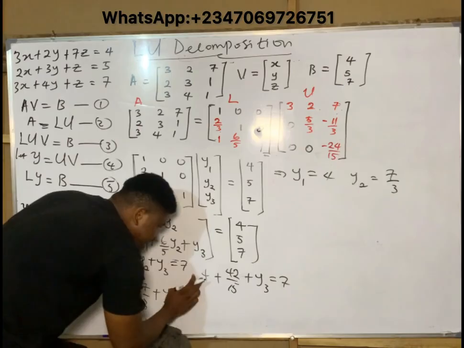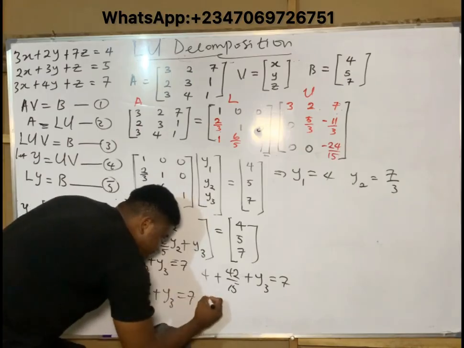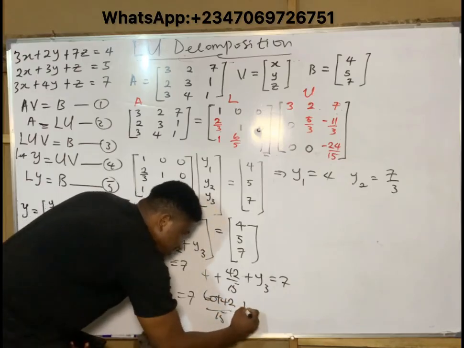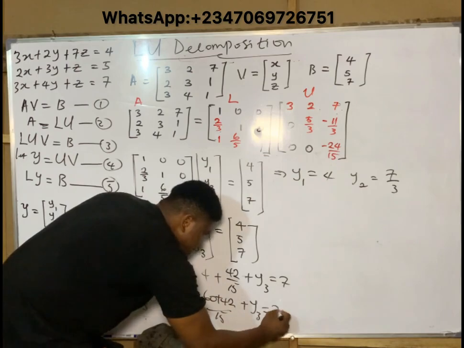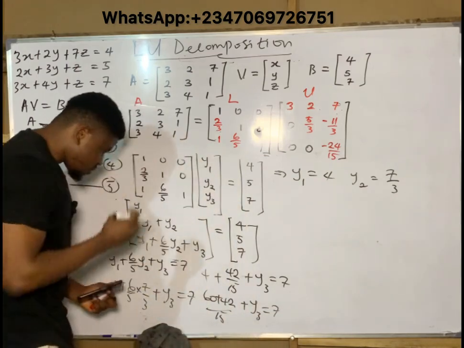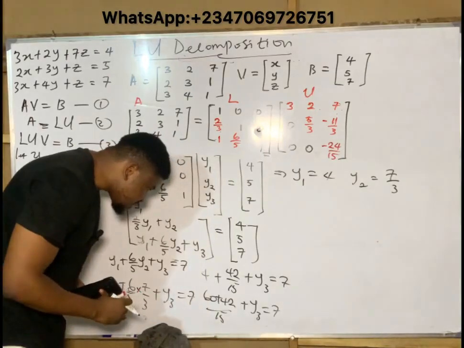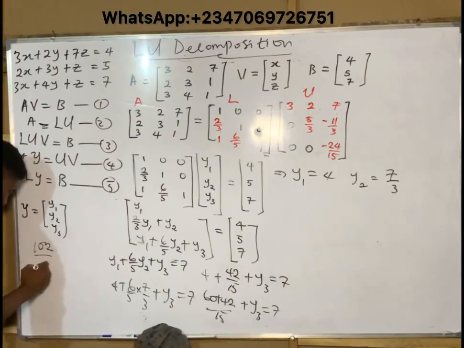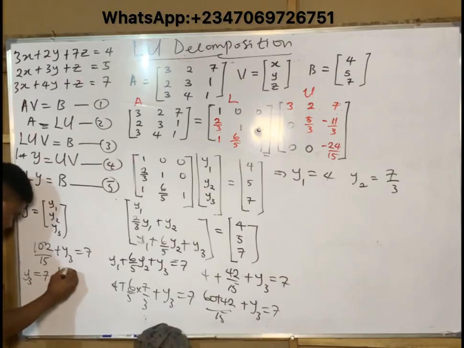So we have 15 times 4, that gives us 60, plus 42 over 15, plus y3 equals 7. 42 plus 60 is 102 divided by 15 plus y3 equals 7. So we make y3 the subject. y3 becomes 7 minus 102 over 15.